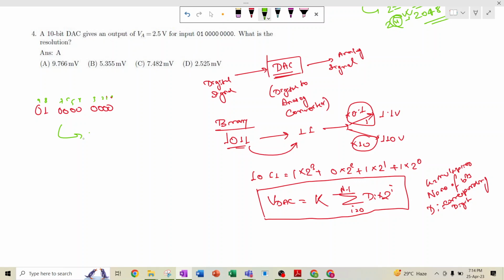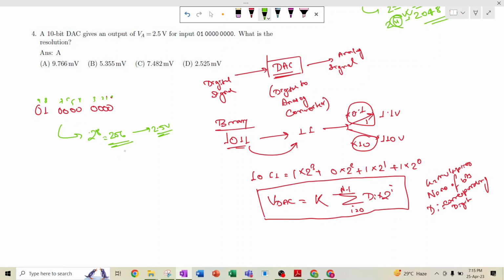It is 2 to the power 8, that is 256. So this 256 is represented by 2.5 volt, right?